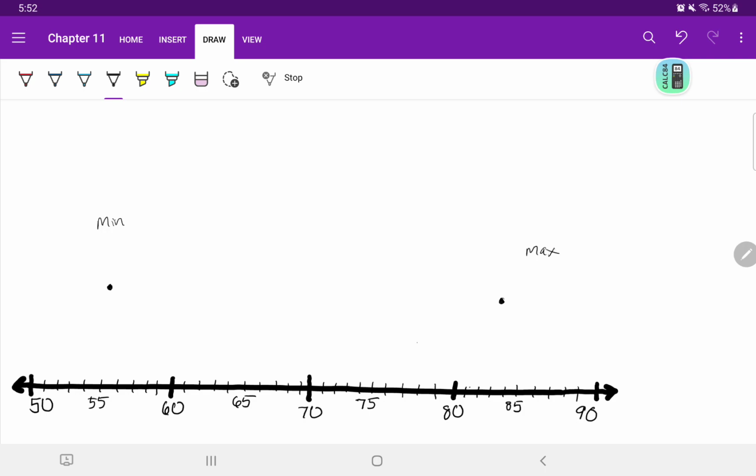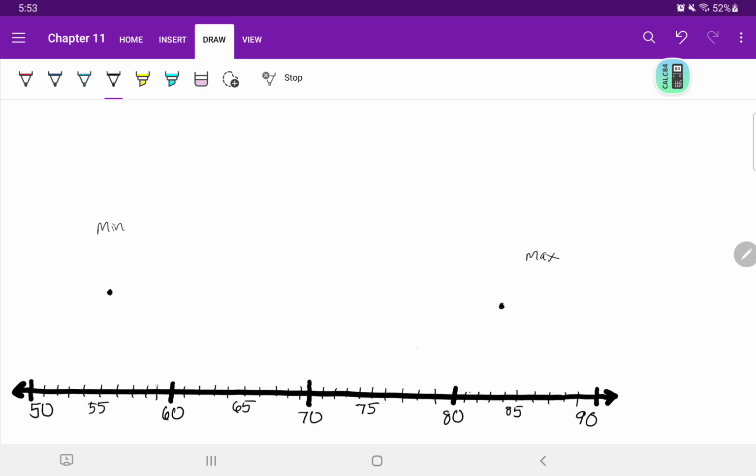Now we're going to place a dot for quartile 1, quartile 2, and quartile 3. Quartile 1, 59. Quartile 2, 71. Quartile 3, 77.5. Now, I know it's not perfect, so we're going to try to fix that up.